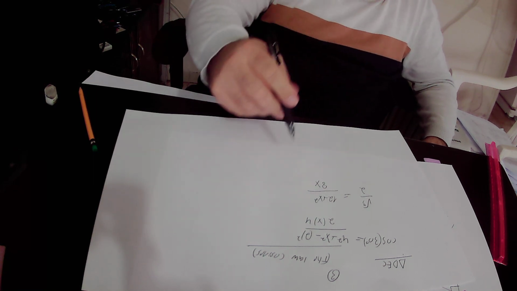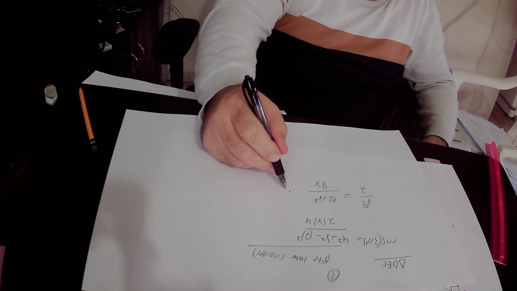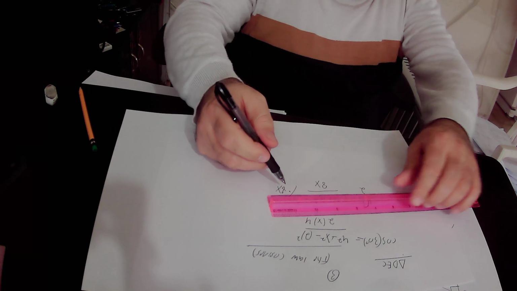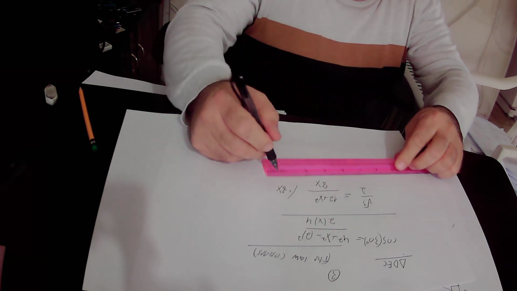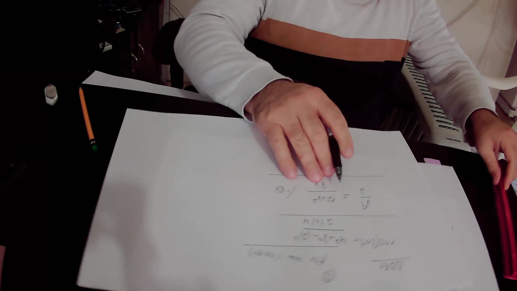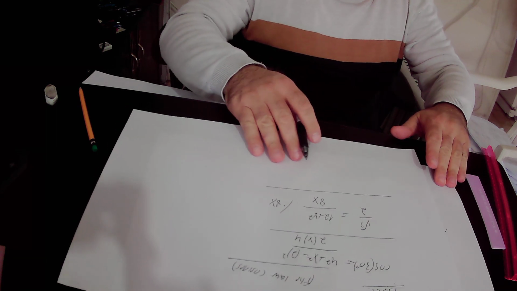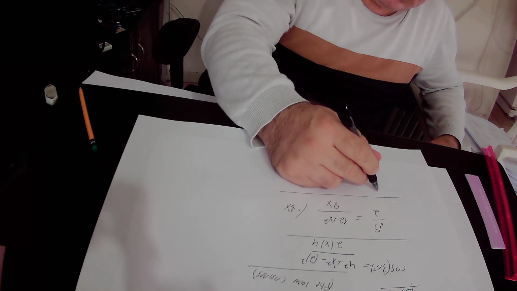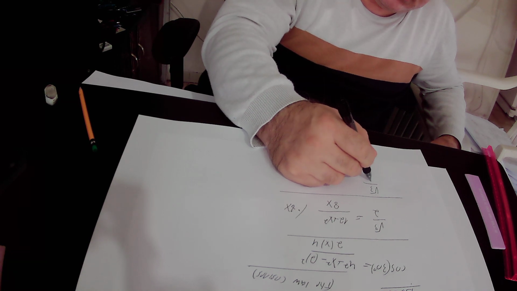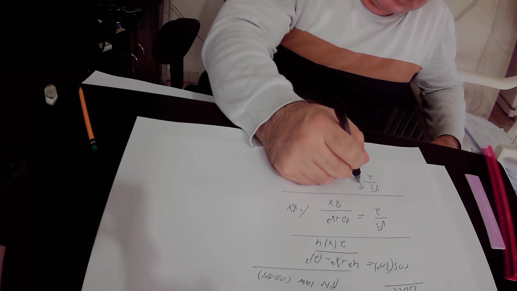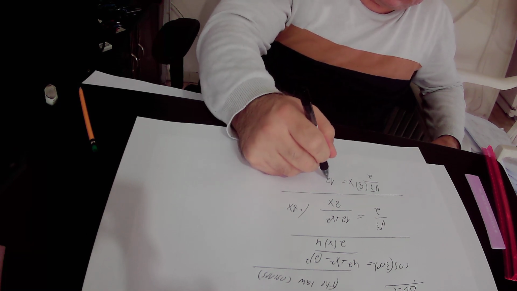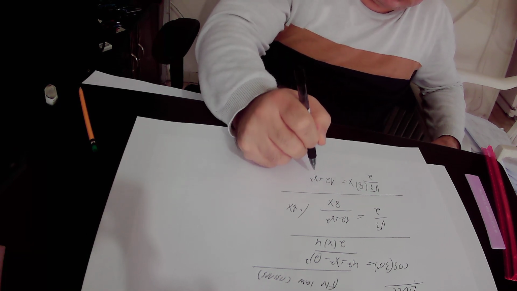So we will multiply this equation by 8x, and we'll get that square root of 3 over 2 times 8 times x equals 12 plus x squared.